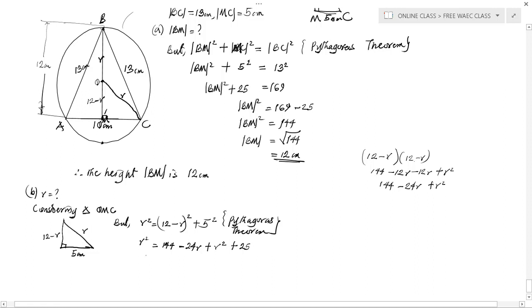So here, now from here, we can transfer those with R to the other side. So that will give us R squared plus 24R minus R squared, because 144 plus 25 is 169. So the R squared cancels. We are now left with 24R equals 169. Then from there, what do we get?